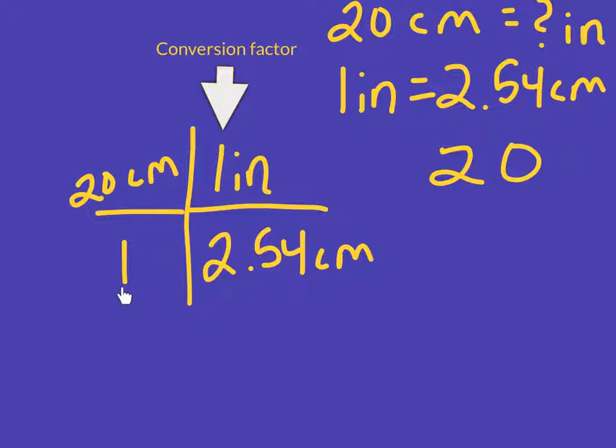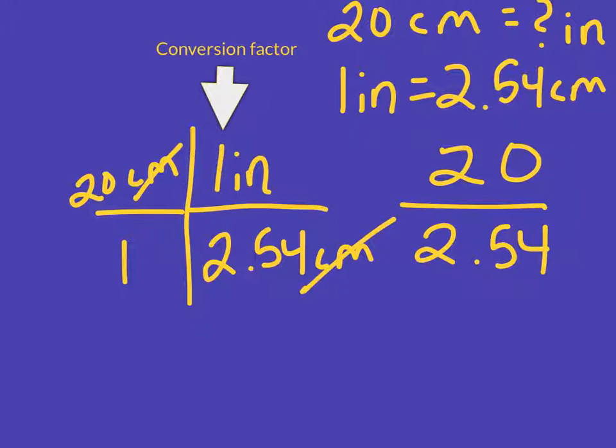You don't have to. 1 times 2.54 is 2.54. Notice I didn't put any units. That's because the centimeter here and the centimeter here cross off, and that leaves me with inches. So now I'm in inches. The last part for me to do is to simply divide 20 divided by 2.54.